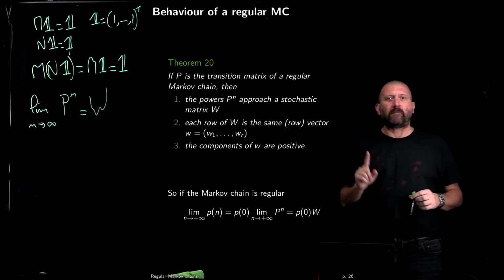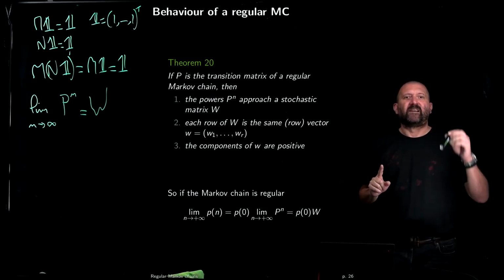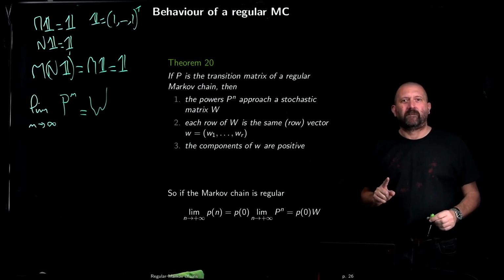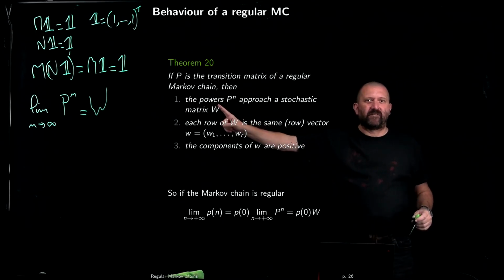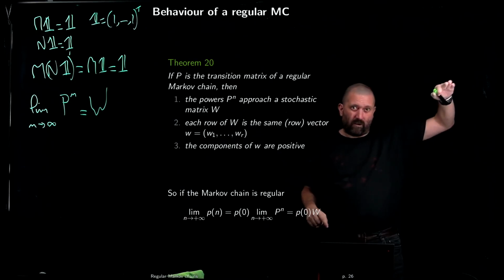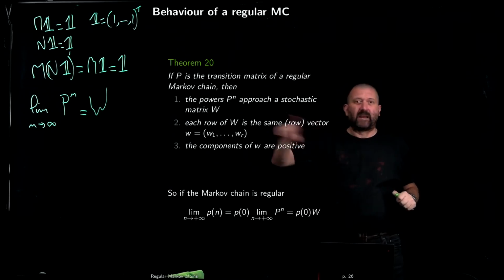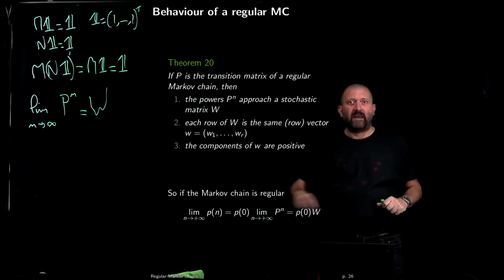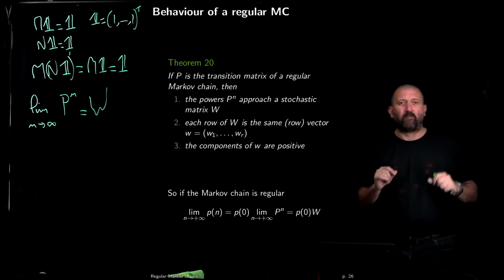Each row in the matrix W is the same vector, and it's a stochastic vector. The rows are the same, and the components are positive.